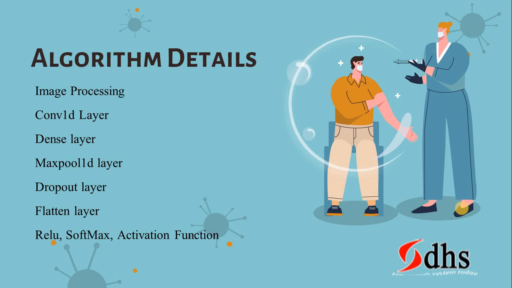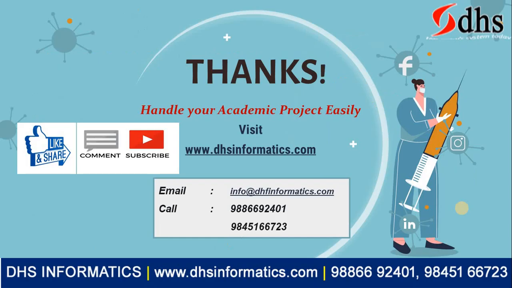When we go with the CNN, the layers are convolutional one-dimensional layer, dense layer, max pooling one-dimensional layer, dropout layer, and flatten layer. And some activation functions, ReLU, softmax, sigmoid, this kind of activation functions we also need to use. So this is, guys, the information I have shown just for your general understanding.